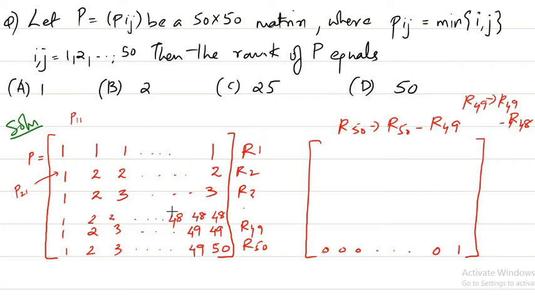So here we have the 48th entry, the 49th entry, and the 50th entry. The minimum of 48 and 48 is 48, the minimum of 48 and 49 is also 48, and the minimum of 48 and 50 is also 48.